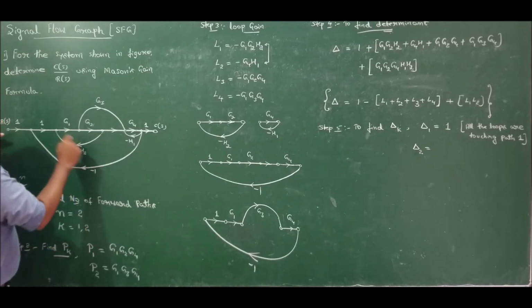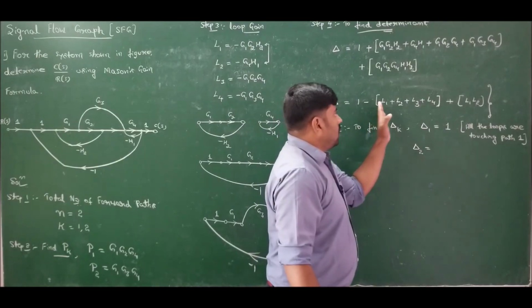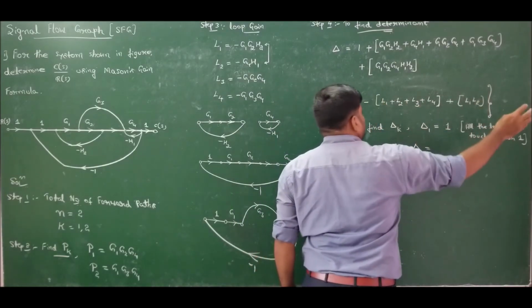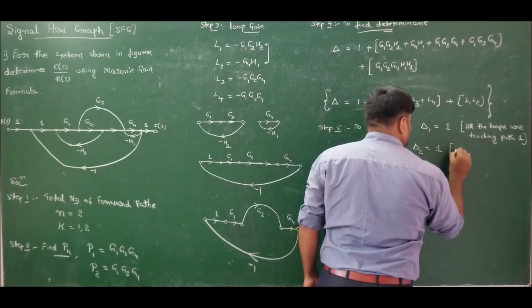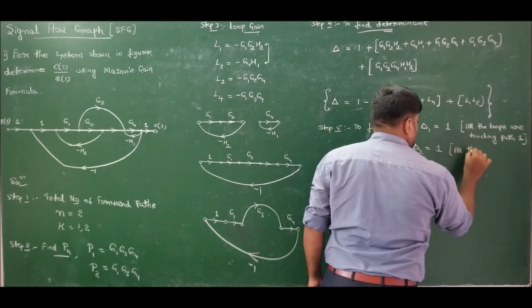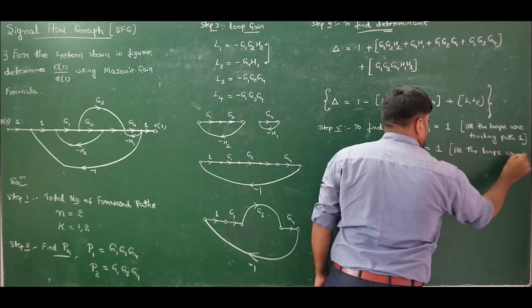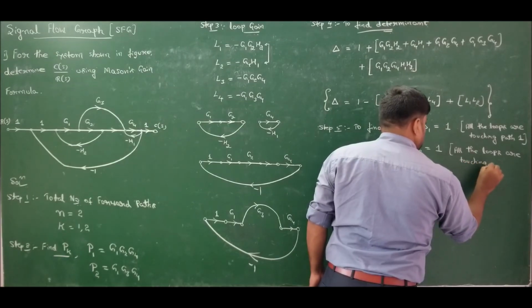So all the loops are touching path 2. Hence I eliminate all of them completely and I am left with only 1, because all the loops are touching path 2.